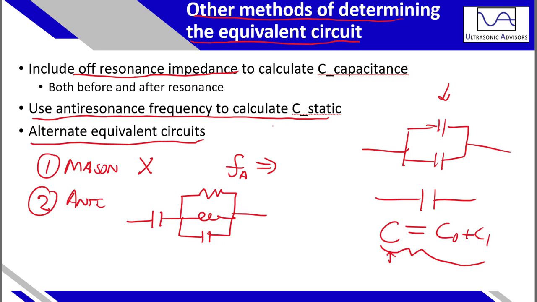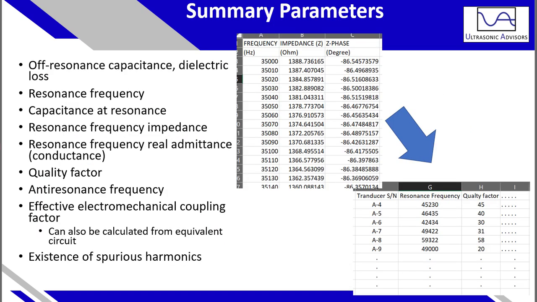That can be used if you are focused on anti-resonance analysis, especially if that's the primary mode of operation of your final device. It may be useful to describe your system in those terms. Now we'll jump in here.